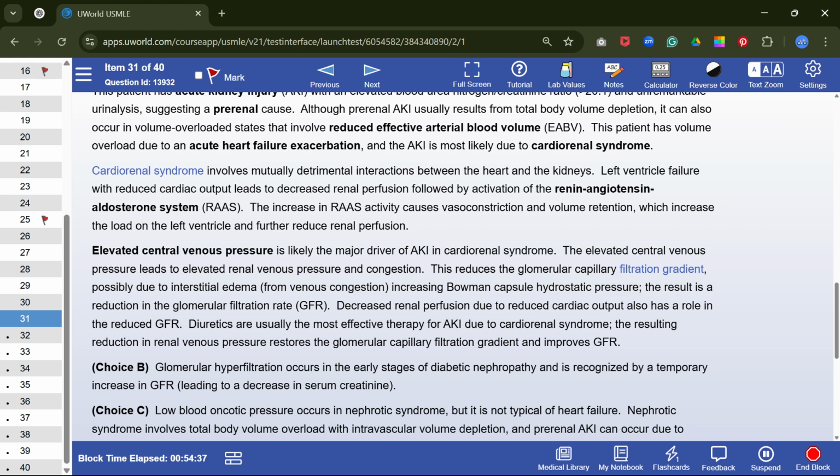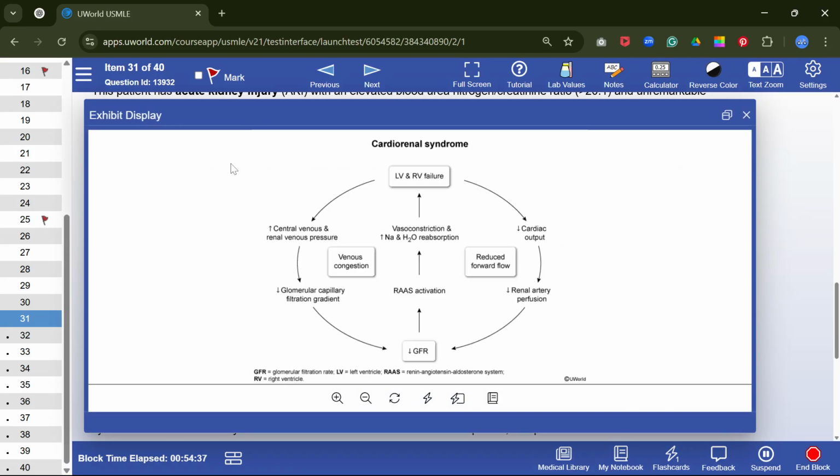Okay, cardiorenal syndrome. In left ventricular and right ventricular failure, there is increased central venous and renal venous pressure, which will decrease the glomerular capillary filtration gradient, which will decrease the GFR.